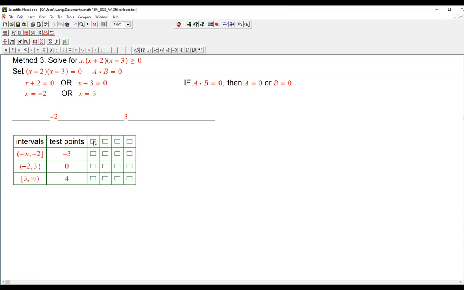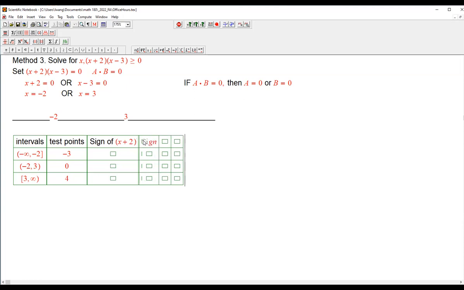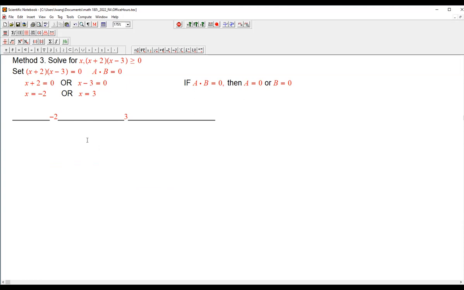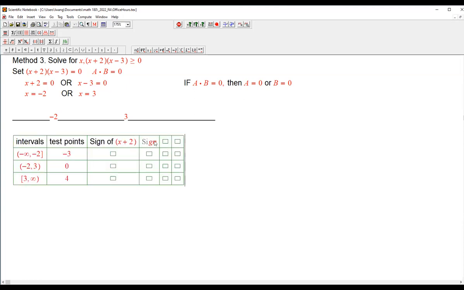And then we're going to observe the sign of the different factors: x plus 2, and the sign of x plus 3. Sorry about that. Let me do it over.